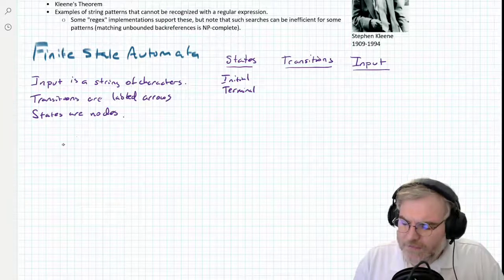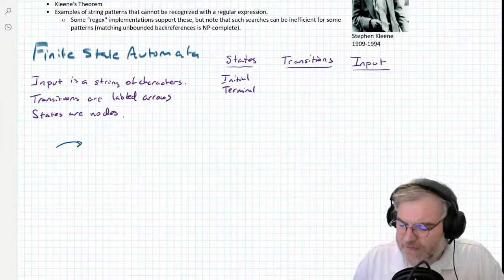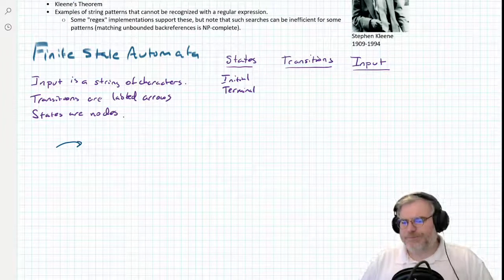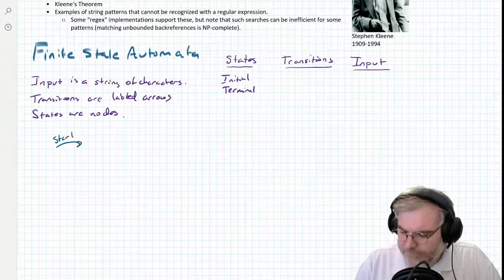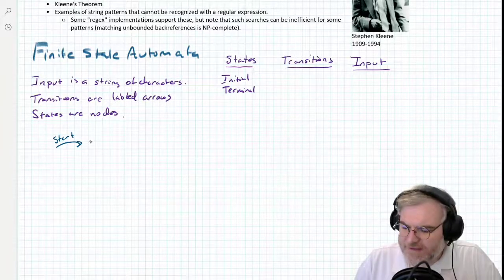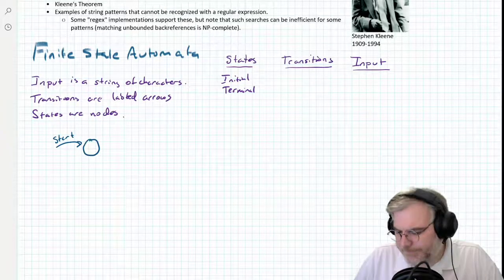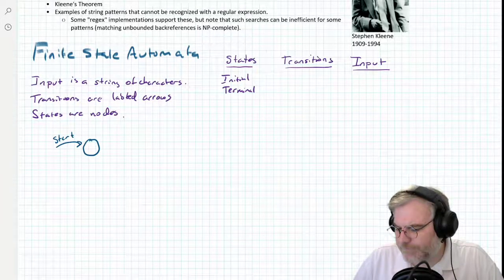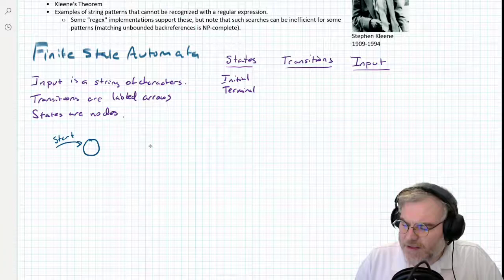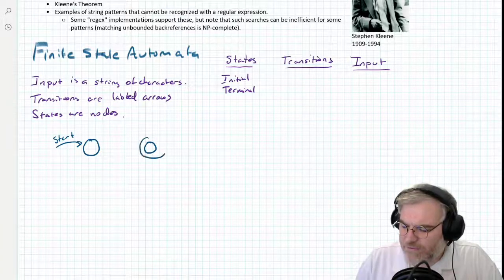Okay. So let's say I've got some initial thing, and this is the indicator for my initial. Start here. And I've got a state, and this is my initial state. And then I've got another state over here that's circled, and this is a terminal state.